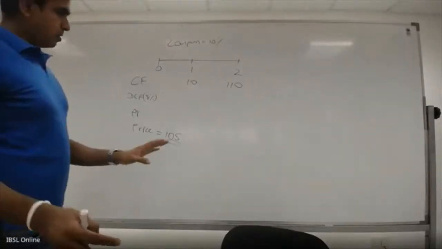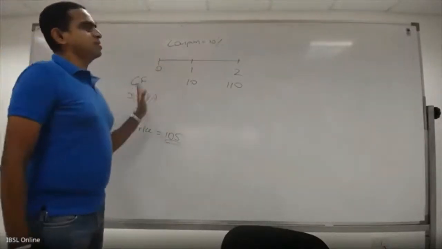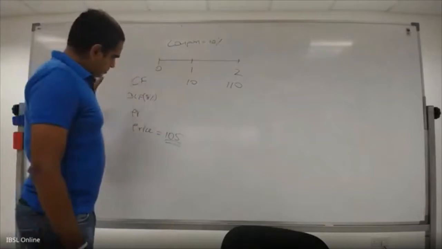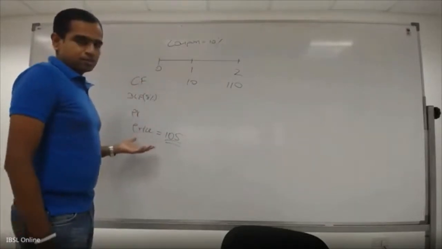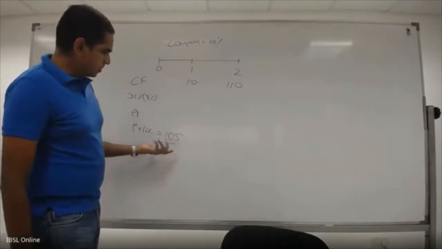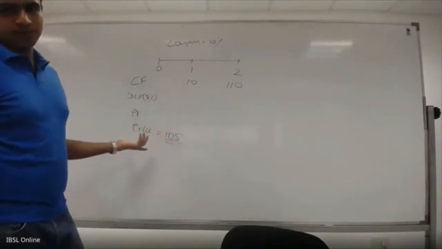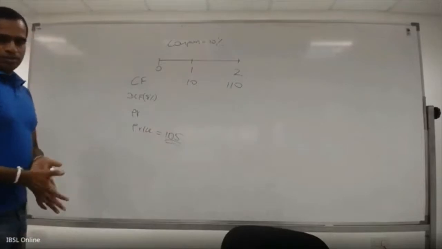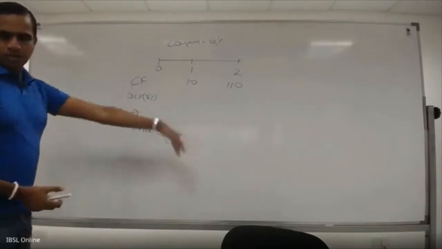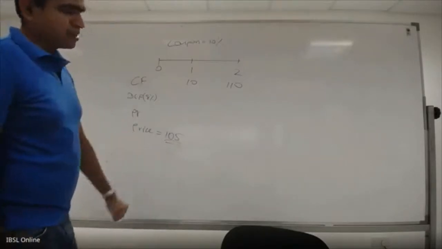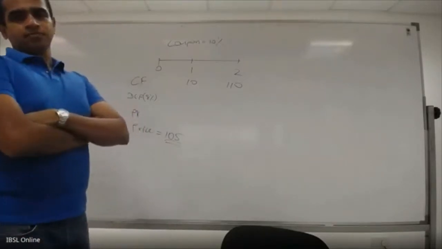My question is now, if you are given something like this, the question asks you not to calculate the price, but just to say whether the price can be 105 or not. What are your thoughts? Let's assume all the calculations are correct. Can the price be 105 or can it not be 105?